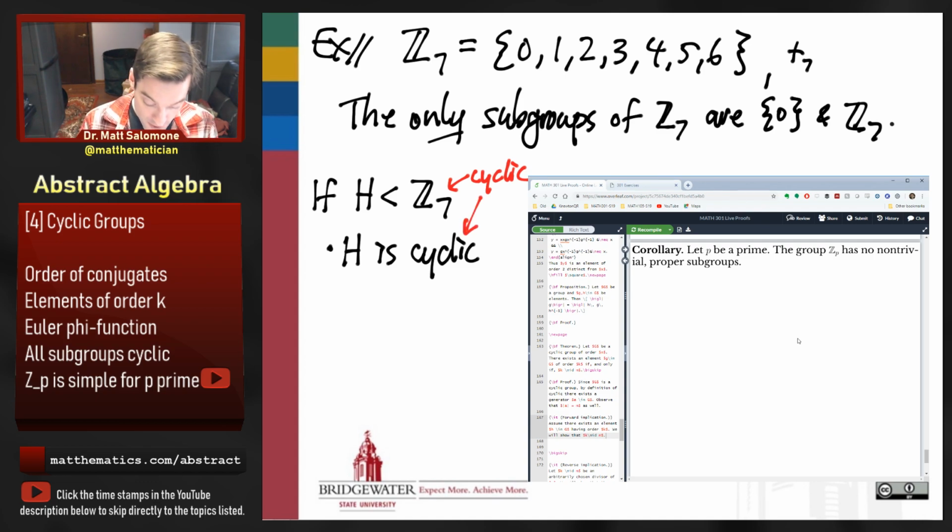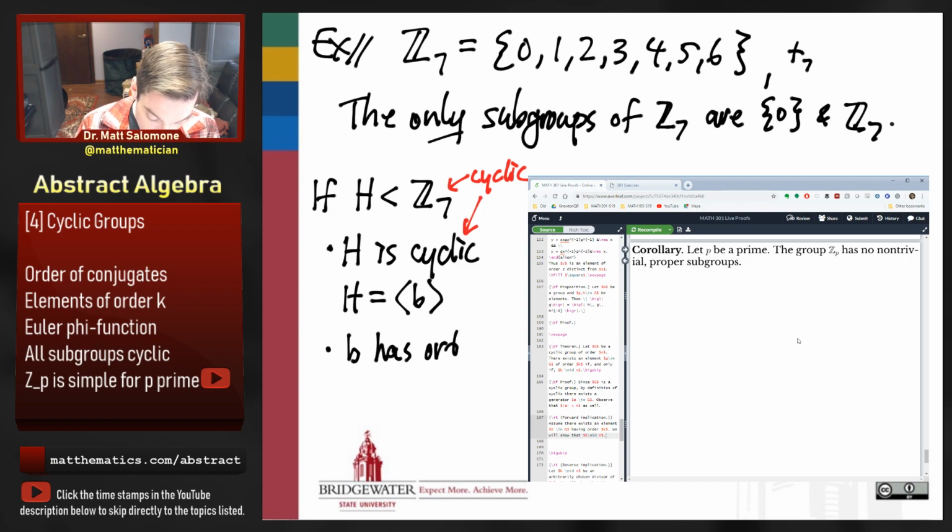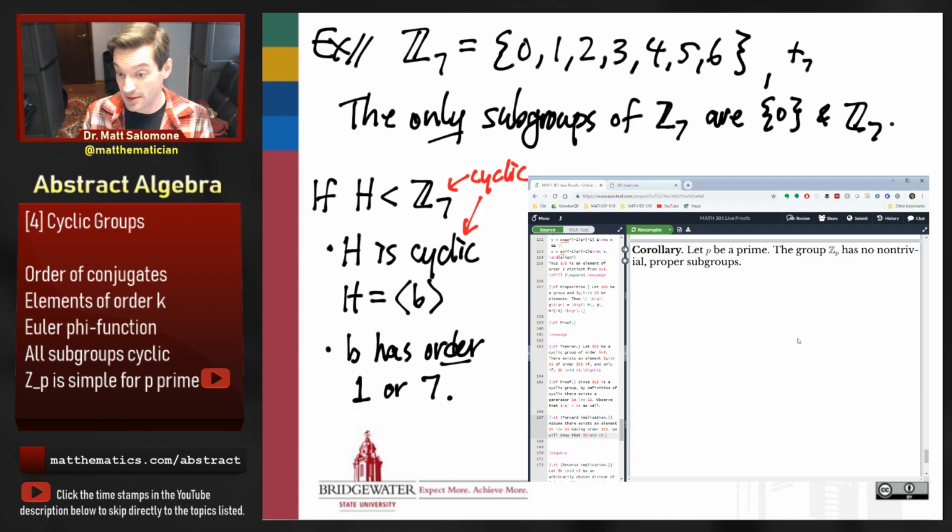So H is generated by some element B. But we also know that B has an order which divides 7. And the only numbers that divide 7 are 1 or 7. That's coming from our fantastic theorem. B has order 1 or it has order 7.